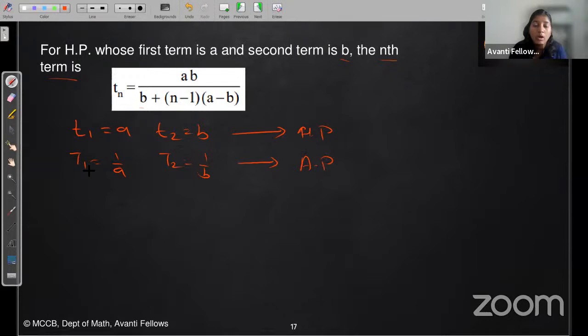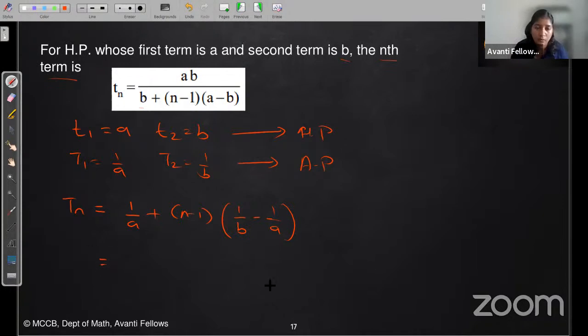What will be the nth term in AP? The nth term in AP will be equal to the first term, that is 1 by A, plus (N minus 1) into D, where D is nothing but 1 by B minus 1 by A, the difference between two consecutive terms. Just compute this.